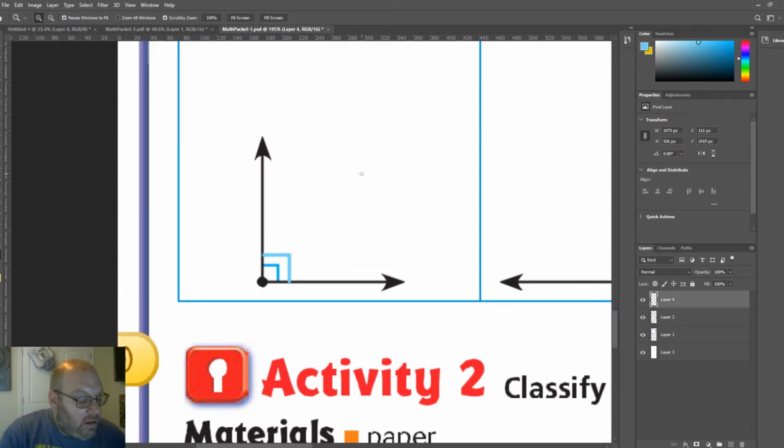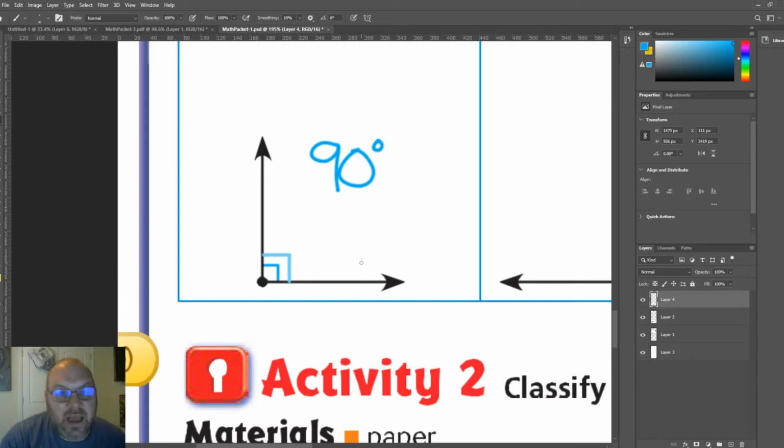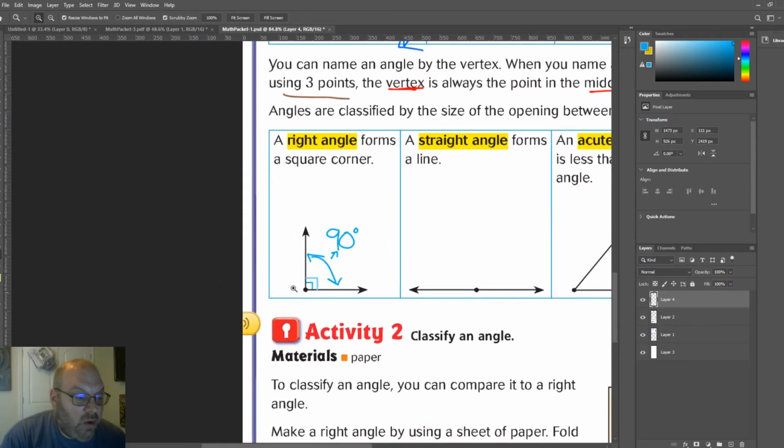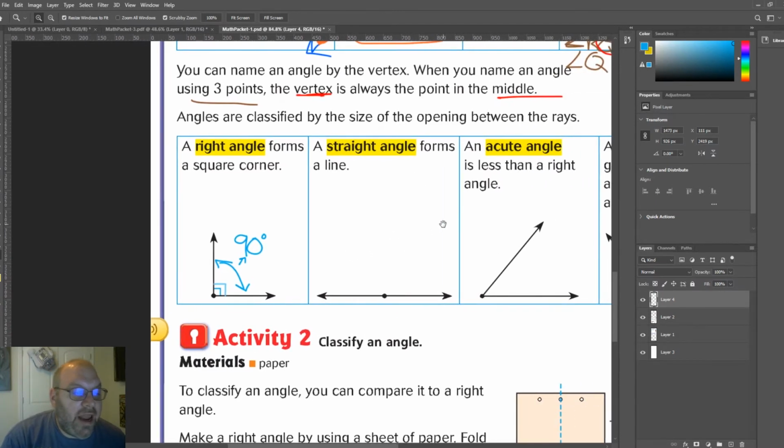Now, a right angle is 90 degrees, and degrees is how we measure an angle. So a right angle, this space in here, is 90 degrees, and it forms a square corner. Again, you're not always going to see that square, but if you see that square, you know it is a right angle.